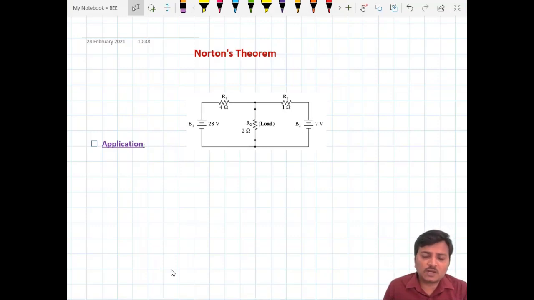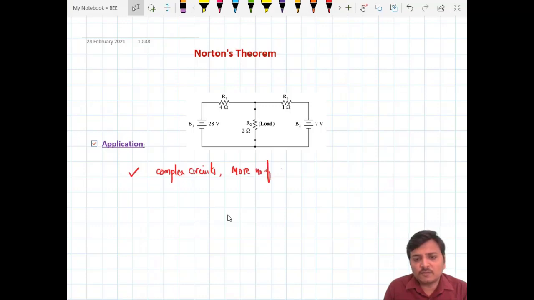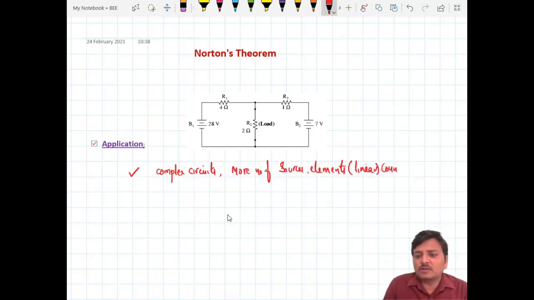Norton's theorem is also used for complex circuits, complex networks, which have a larger number of sources and a larger number of linear elements connected together. Such networks will use Norton's theorem.